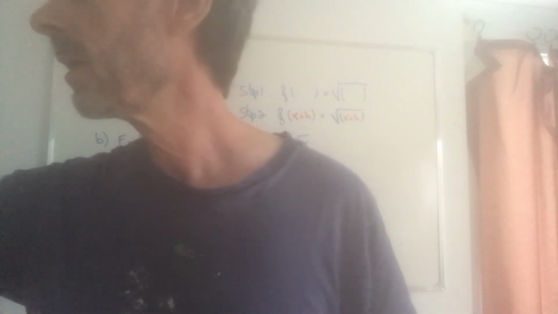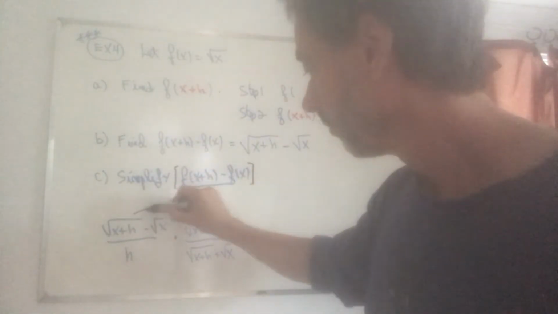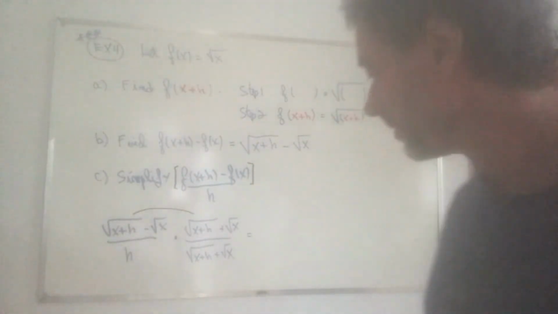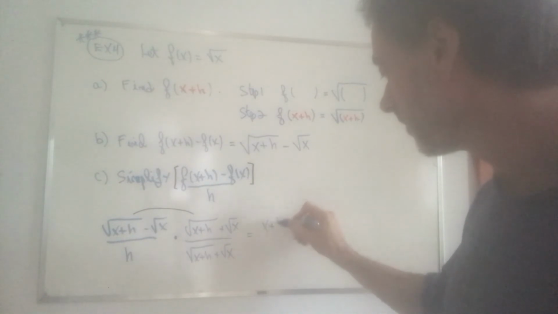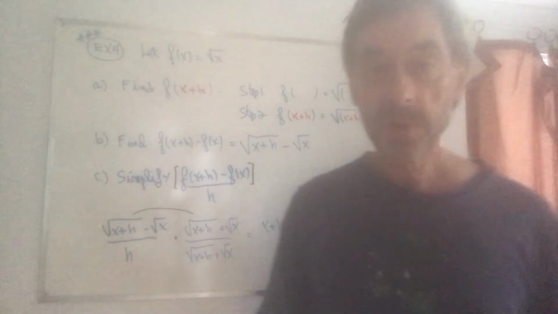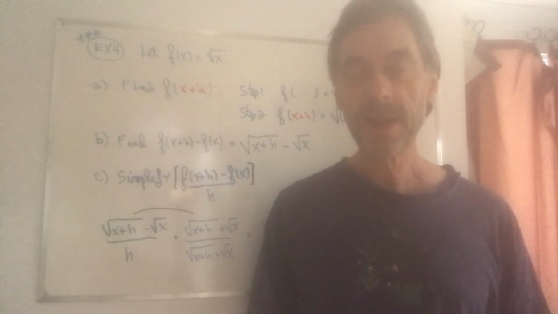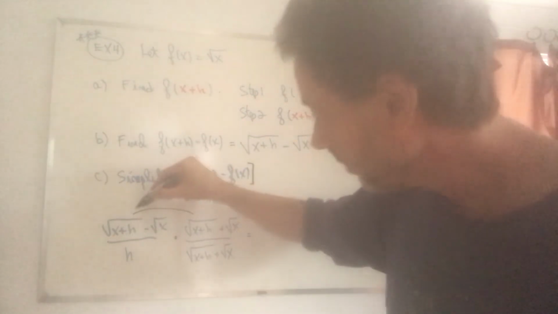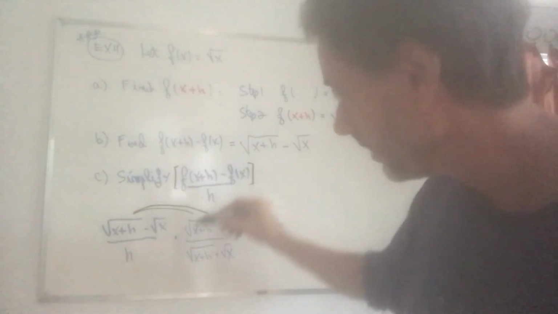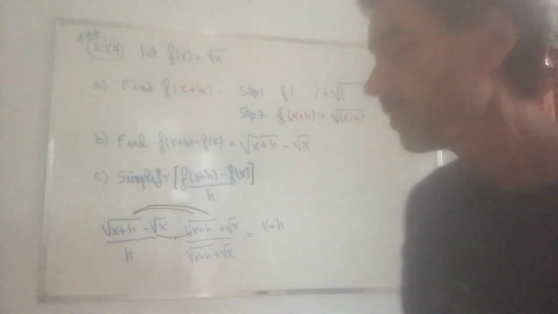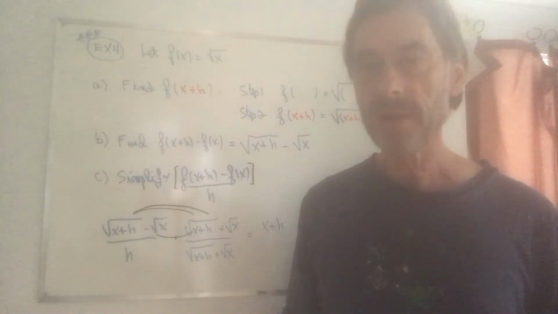And then we FOIL. Root of x plus h times root of x plus h is x plus h. When I do the conjugate, do you remember what happens to the middle terms? When I do first and last and first, these will cancel. I'm not even going to bother writing them down.